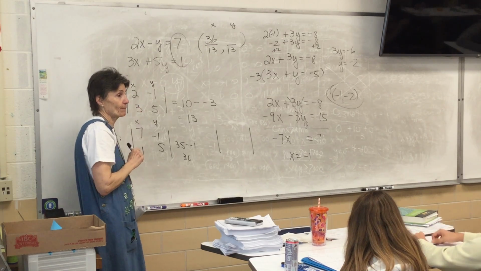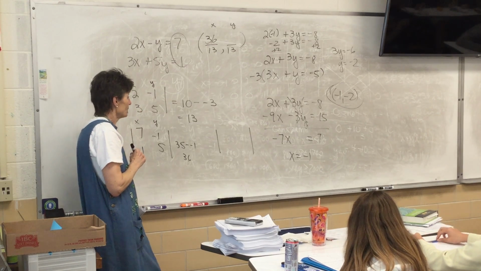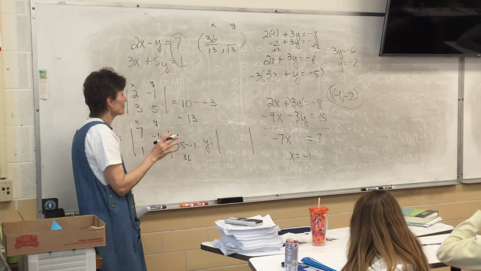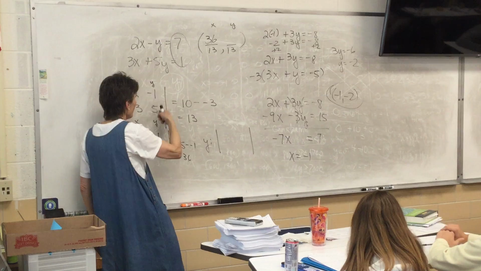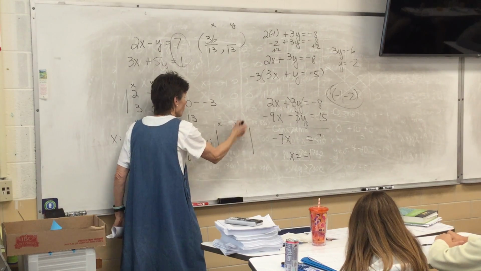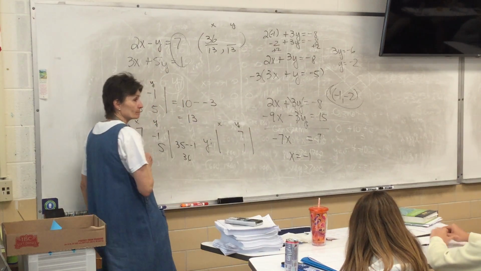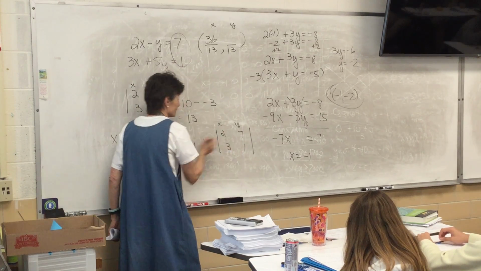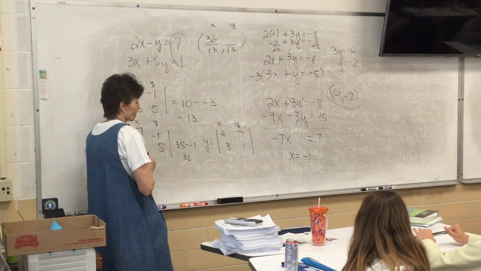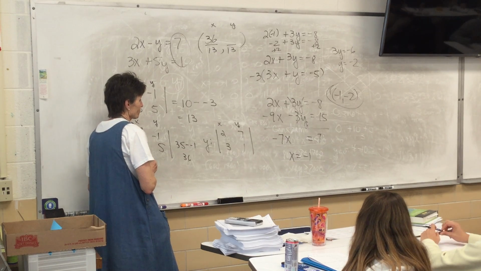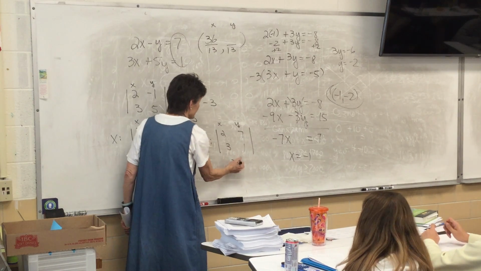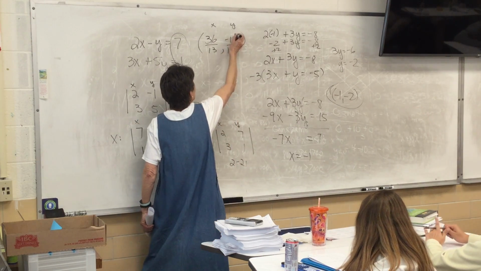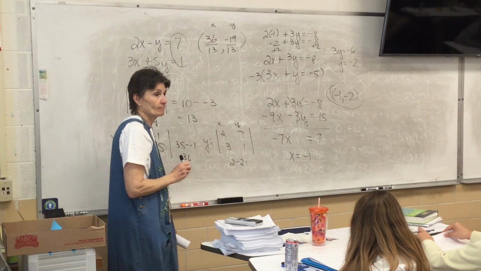Top numerator. Now, to do y, same thing, only the 7 and the 1 go in the y column. And the x's don't change, 2, 3. So that one is 2 minus 21, negative 19. There we go.